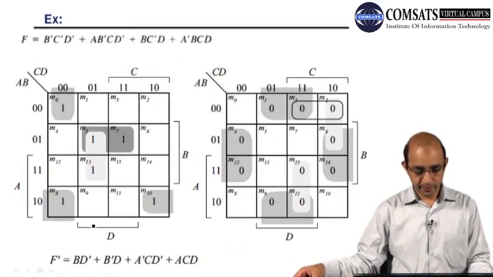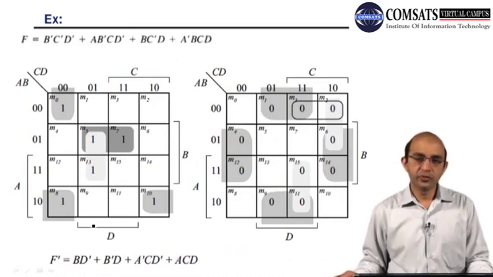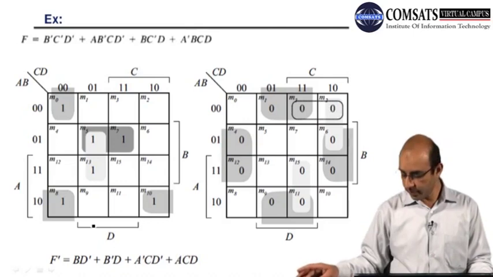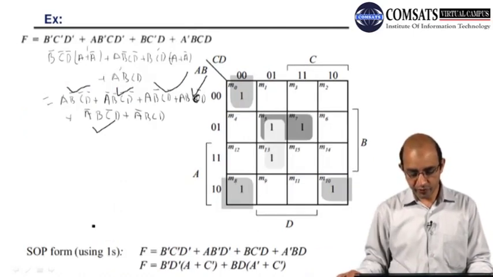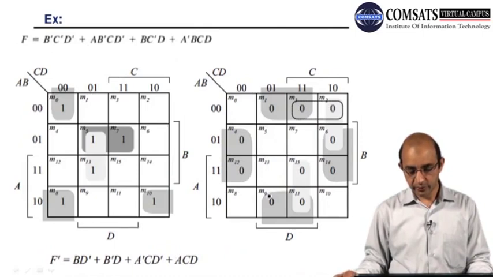And then if you wish to have the complement of this, what you will be doing is looking for the positions that are left. We don't have a 1 here, so we will place zeros there.